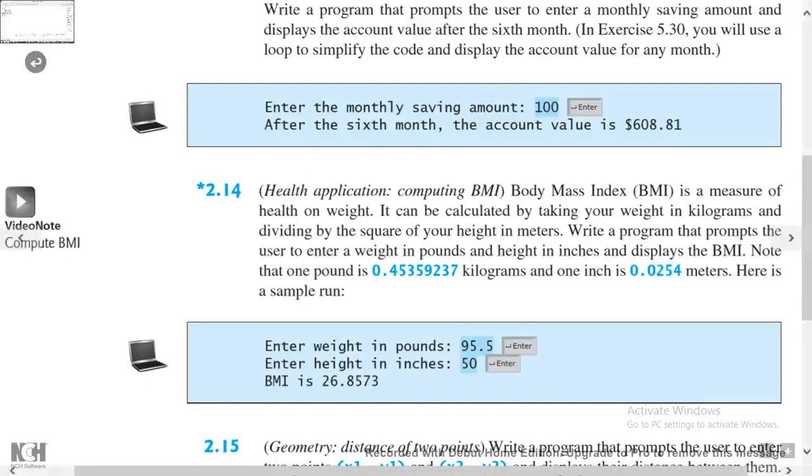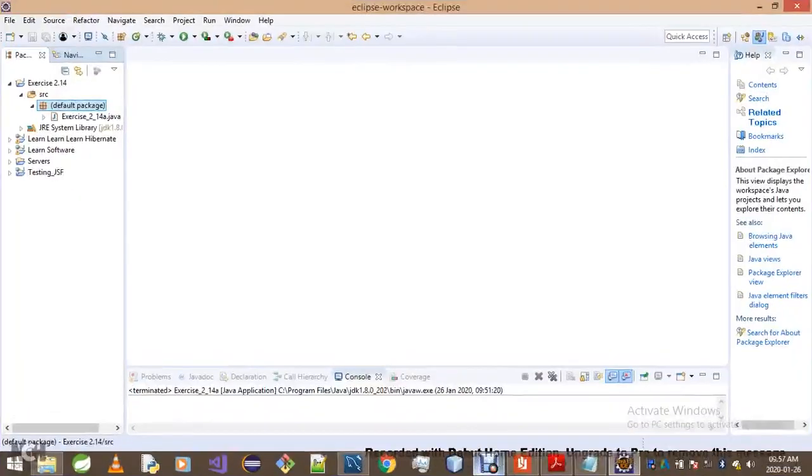Let's try to do the coding and see if we punch these values, we're going to get the number 26.8573. Of course, that's not the only case you should check. You also have to think of exceptions, cases that will actually mess up your code, cases that will result in your code giving you a runtime error, for instance.